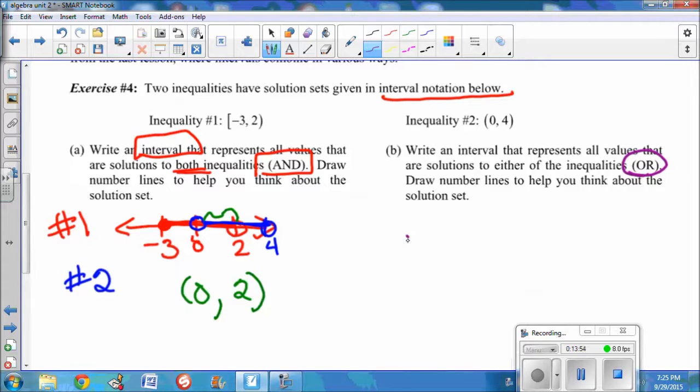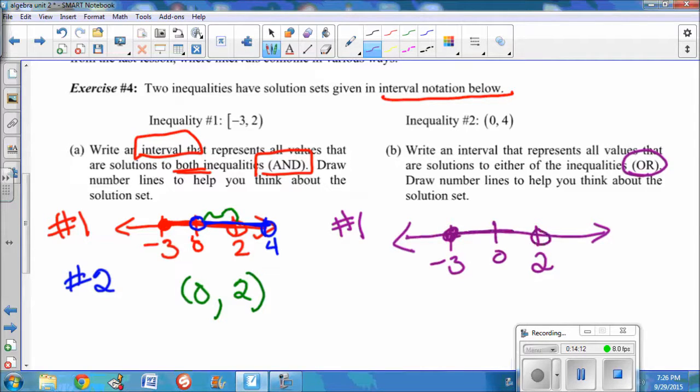So if I start out and draw my number line, and I put inequality number 1 on here in purple, and 0, negative 3, and 2, include, don't include, and everything in between.